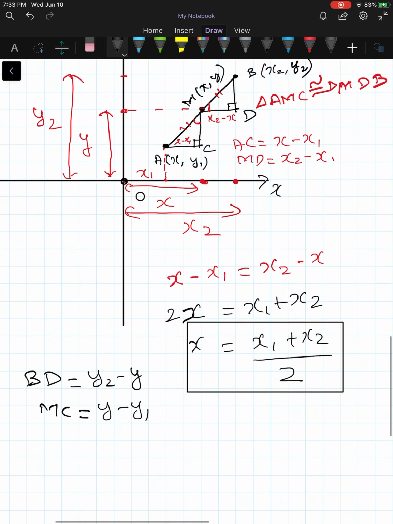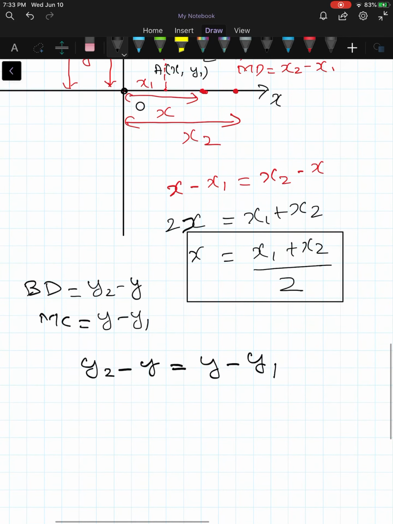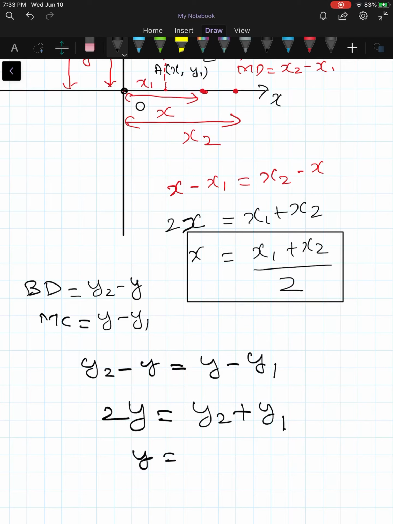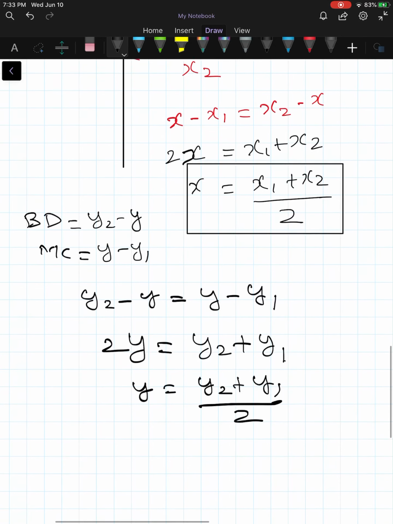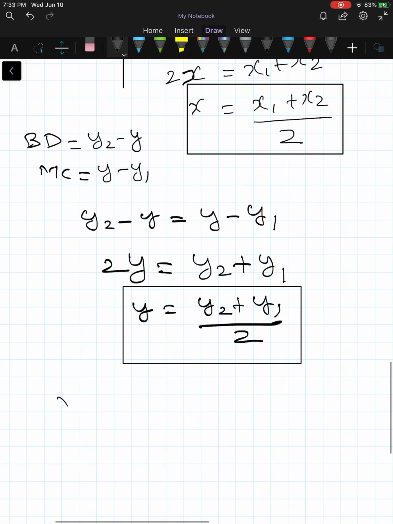So again, corresponding parts of congruent triangles are equal. So y2 minus y is equal to y minus y1. If you solve for y or bring all the y terms towards one side, it would be 2y is equal to y2 plus y1. So y would be y2 plus y1 divided by 2. So this is our y coordinate of M.